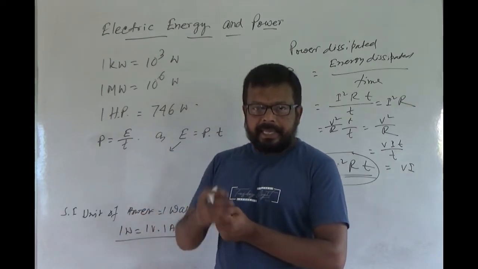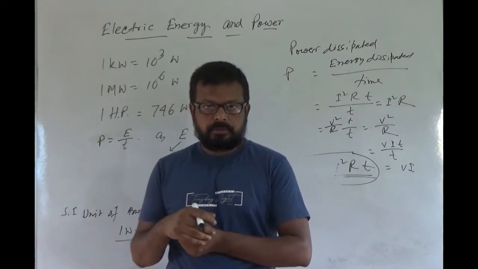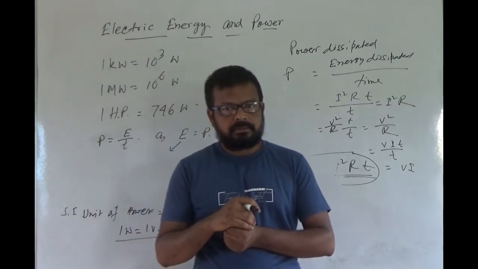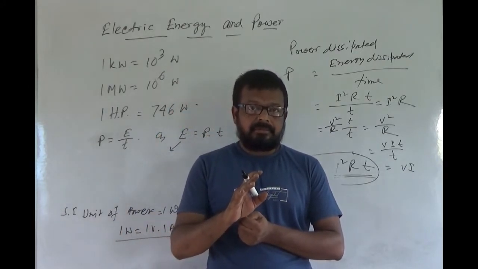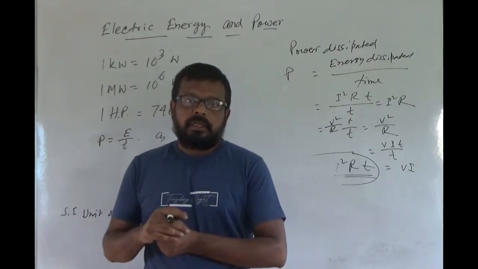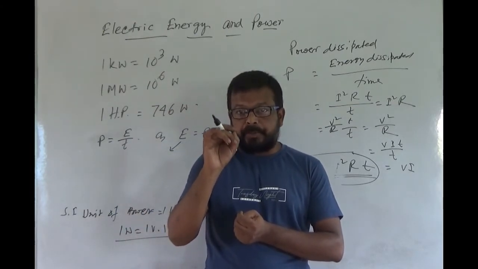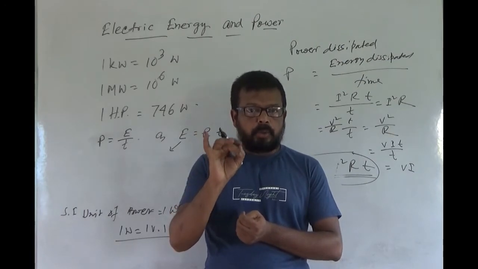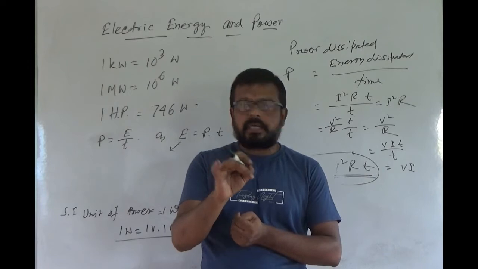Now the amount of energy consumed by ourselves we can calculate, and for that the unit of electric energy is 1 unit, that is 1 BOT, 1 board of trade unit, and that is equal to 1 kilowatt hour.